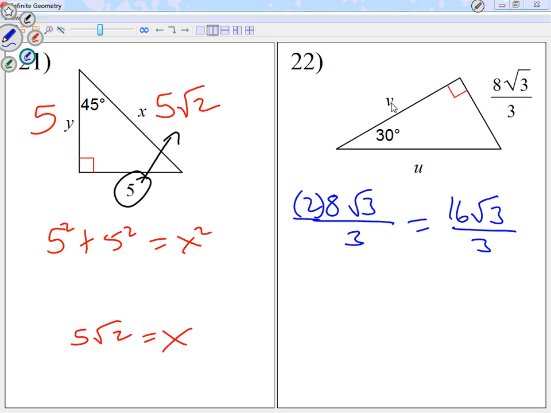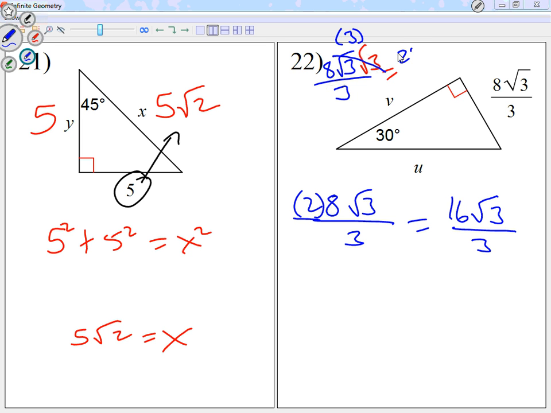If you don't remember the formula for v, then you will have to rely on the Pythagorean theorem. But the formula for this, I'm going to start with 8 radical 3 over 3, which is the number from the little one. The formula is multiply this by radical 3. So I know radical 3 times radical 3 on top is 3.